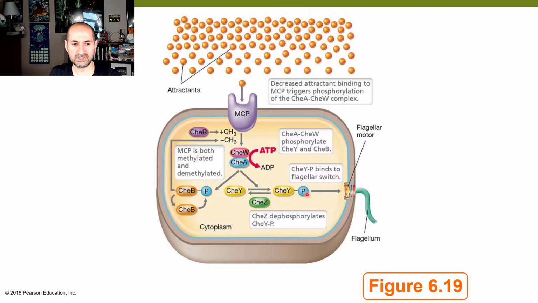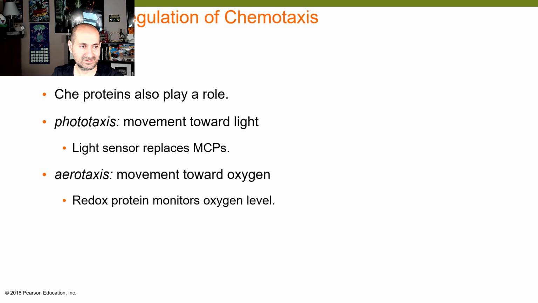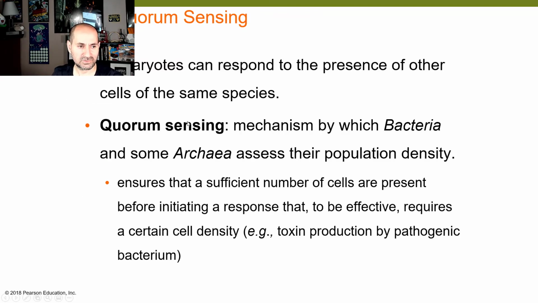And remember, phosphorylated CheY can meet up with the basal body of the flagella, switching it to clockwise rotation for tumble, right? Because you want to tumble, you want to switch orientation. And once you've switched orientation, then you can dephosphorylate CheY and run towards the food, run towards the chemoattractant, whatever the chemoattractant is. Remember, the chemoattractant could be light in the case of phototaxis, it's oxygen in the form of aerotaxis, it's chemicals in the form of chemotaxis, etc.